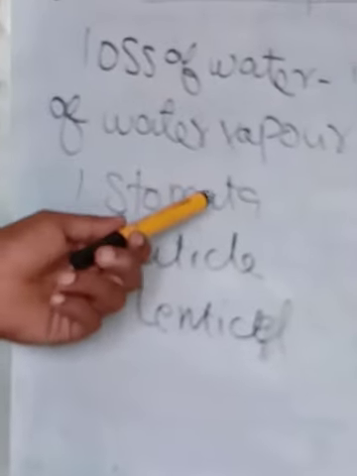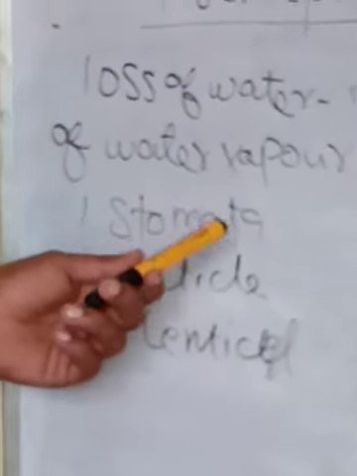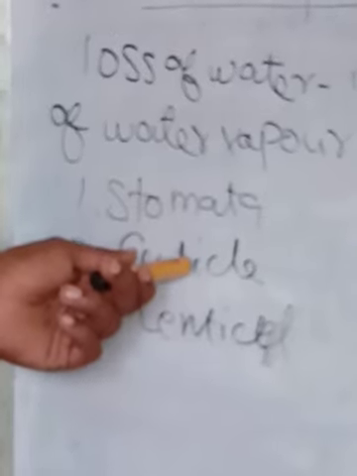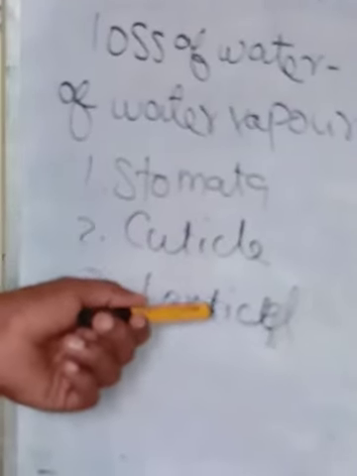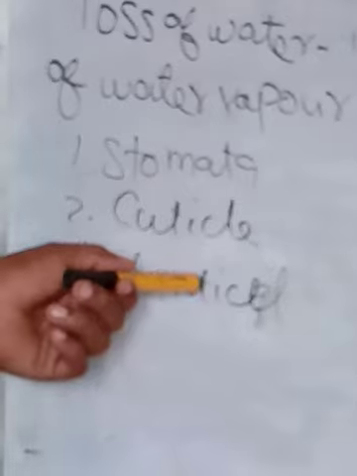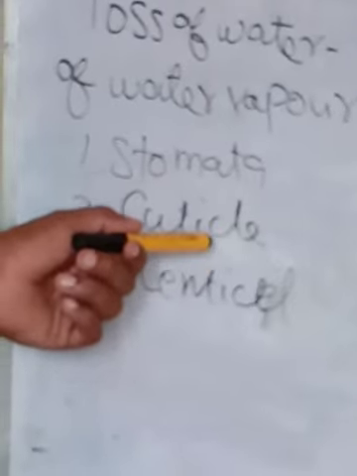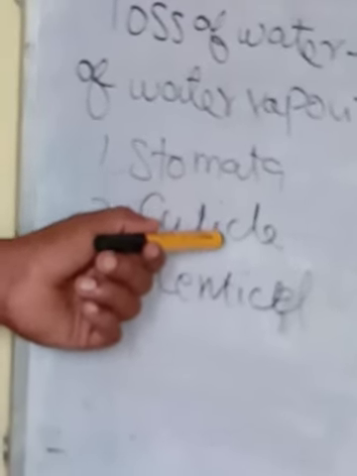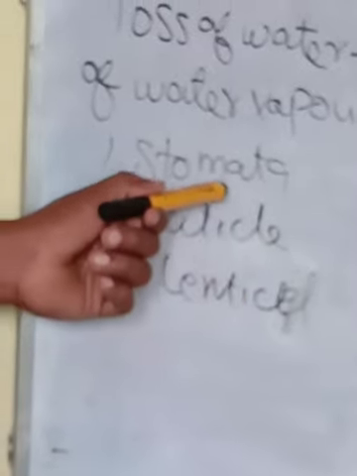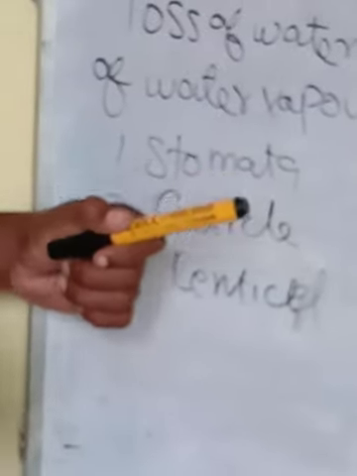Any transpiration which happens through stomata is stomatal transpiration. Transpiration which happens through the cuticle is cuticular transpiration, and transpiration which happens through lenticels is lenticular transpiration. I will explain what stomatal transpiration, cuticular, and lenticular transpiration are. Okay, so first we can move on to stomatal transpiration.